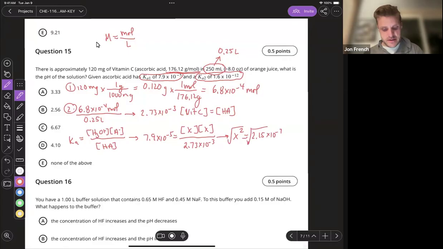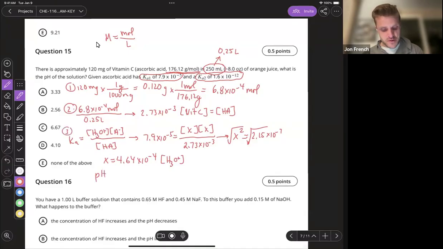Square root on both sides, and x equals 4.64 times 10 to the minus 4. Now we have found our hydronium concentration because we finally found x. Now I can find the pH.